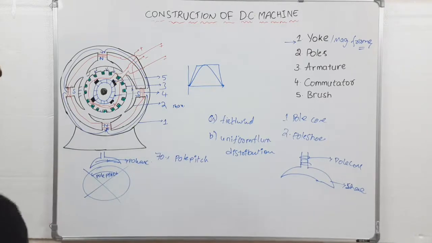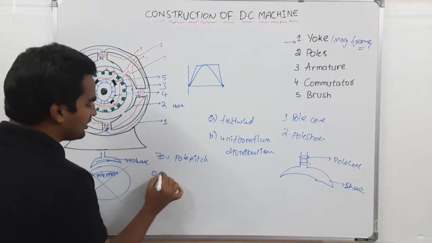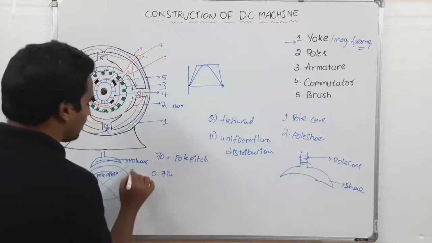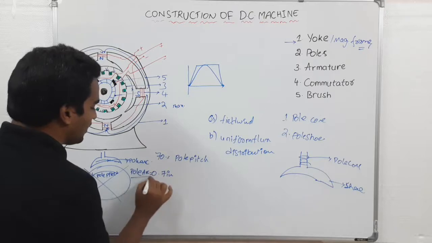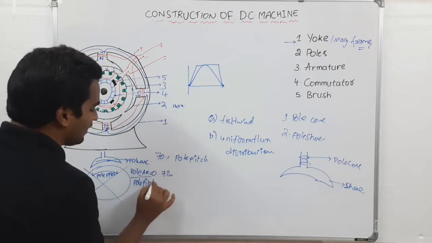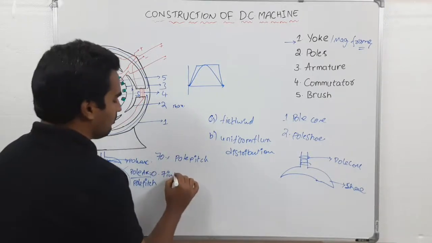The ratio of pole arc to pole pitch is 0.7 in most of the machines.